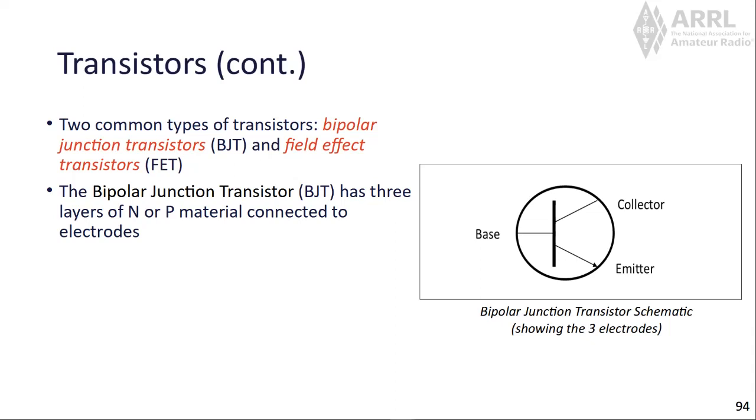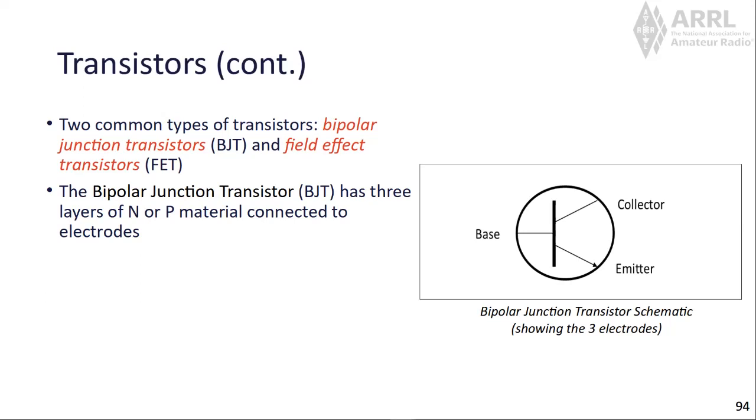The way you tell them apart when you're looking at a schematic: if it is an NPN, the arrow is not pointing in like what you have here. The arrow is pointing out towards the circle. That's an NPN, not pointing in.